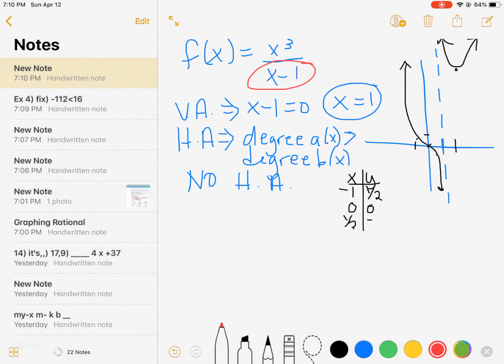When I compare my degree, x cubed is greater than just x, so there's no horizontal, and then I dash in my x equal 1, and then I can use Desmos to help me with my shape.